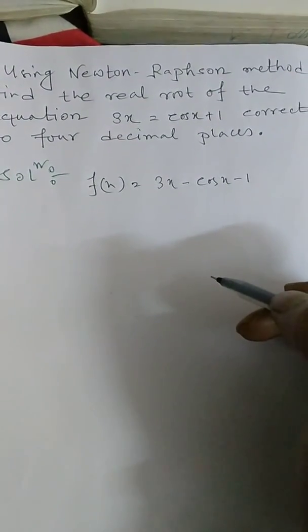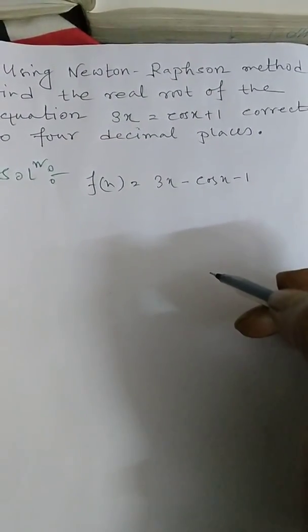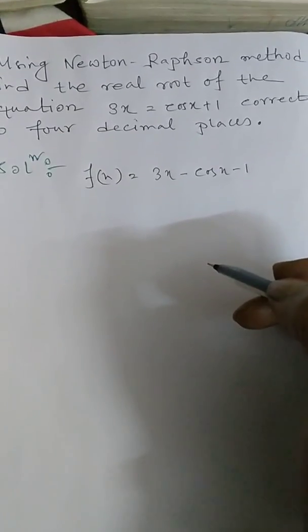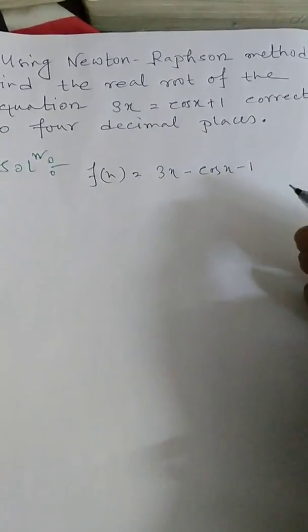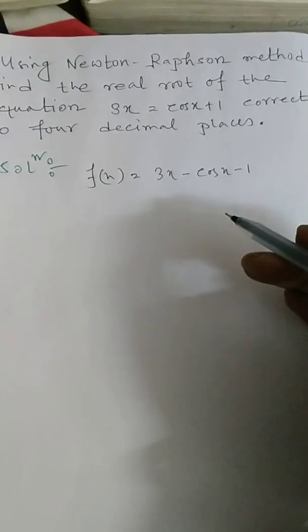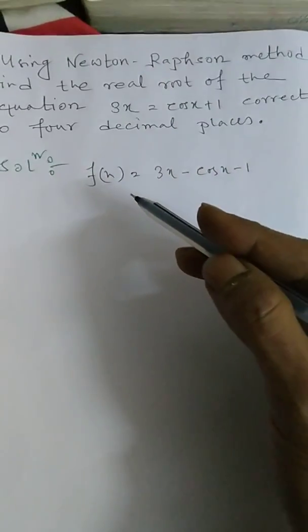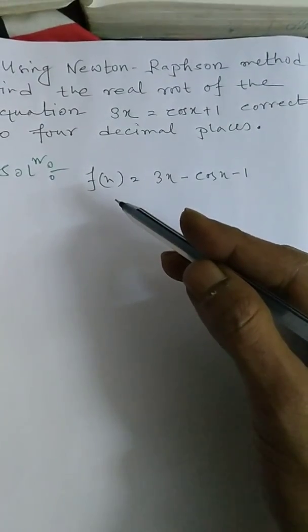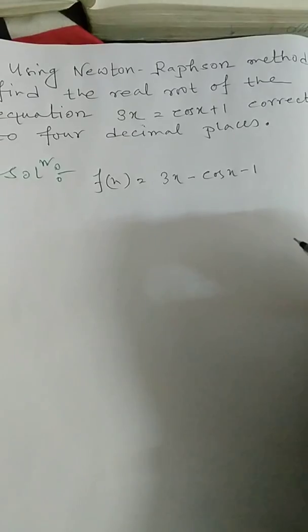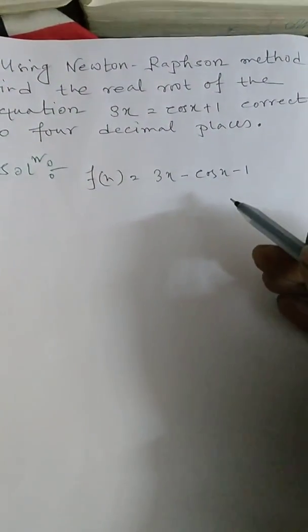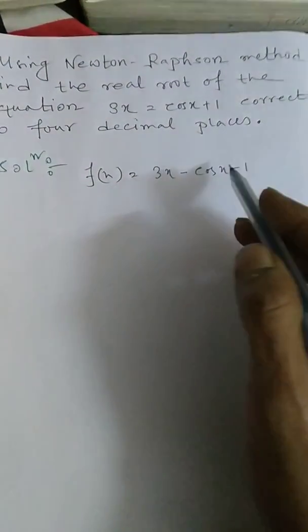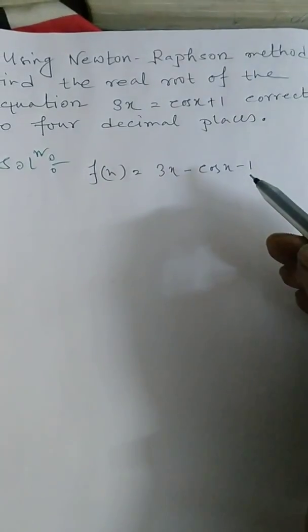So one thing we should remember when we find the root of the equations, because in the initial step we will put an integer, when we calculate using the calculator.